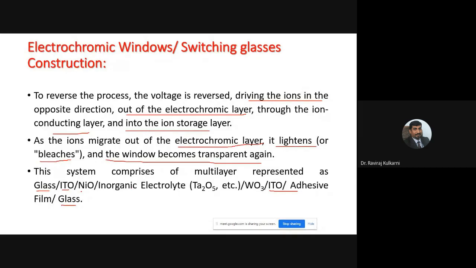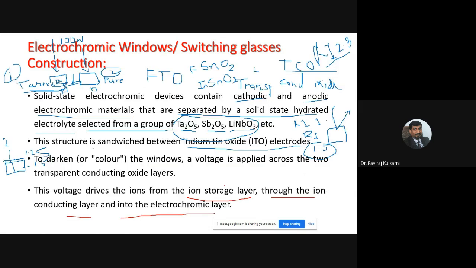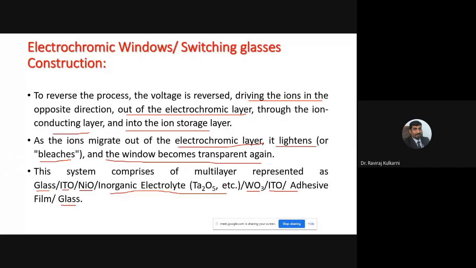Then we require nickel oxide nanoparticles or a nickel oxide thin film, and on this side a tungsten oxide thin film. An inorganic electrolyte, say titanium oxide, or as I discussed earlier, lithium niobate, antimony oxide, is used here as the electrolyte.